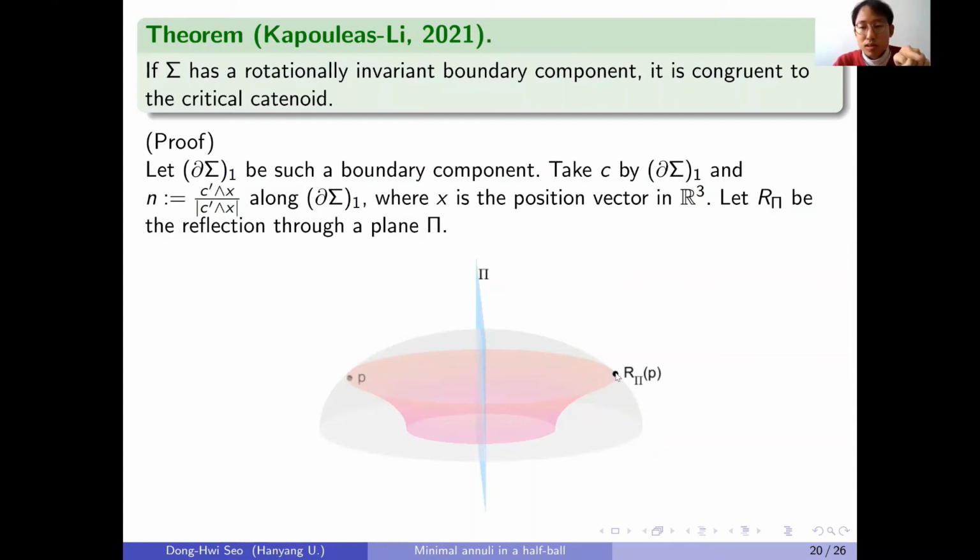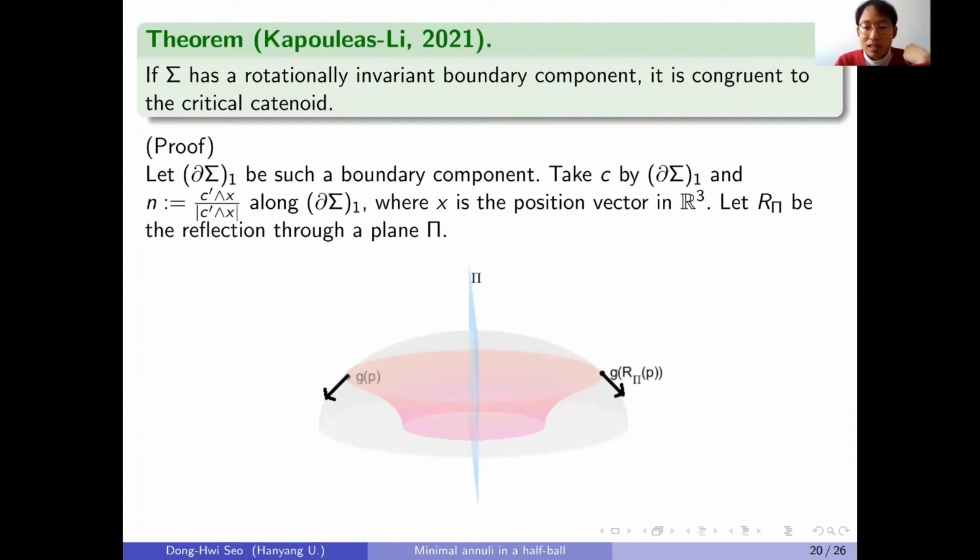And also the conormal vector at P is the position vector, so the reflection maps the conormal vector at P to the conormal vector at the reflection point. Since the Gauss map is perpendicular to the tangent vector and the conormal vector, the reflection maps the Gauss map at P to the Gauss map at the reflection point.